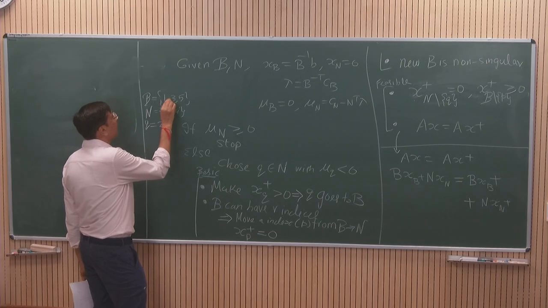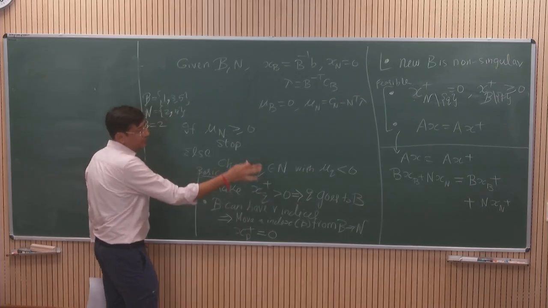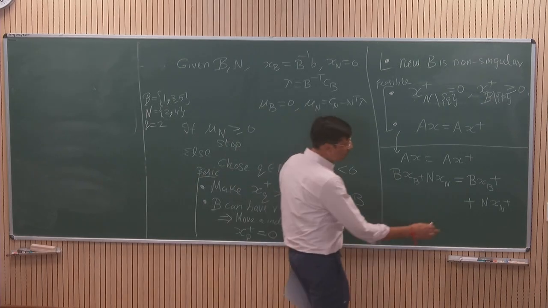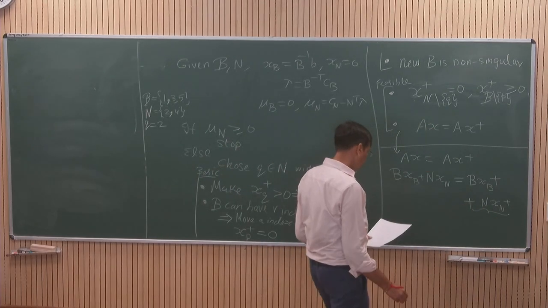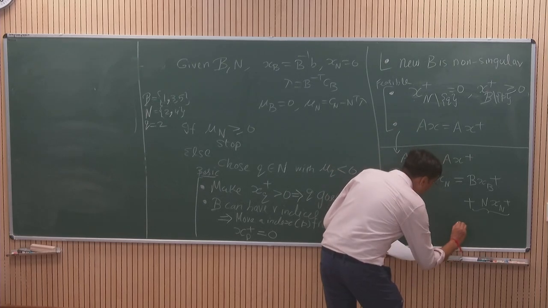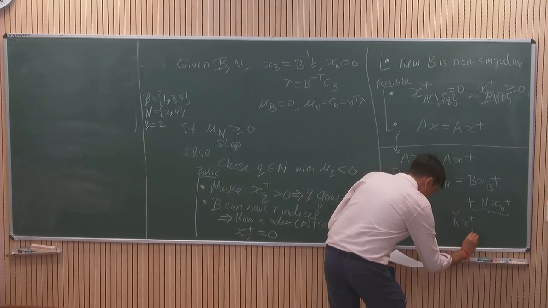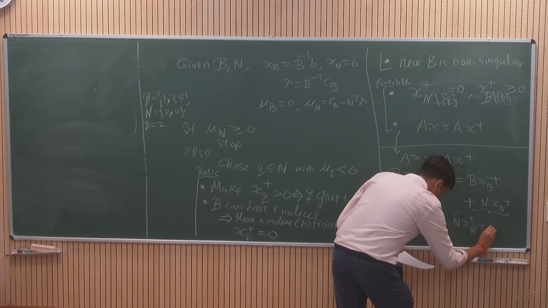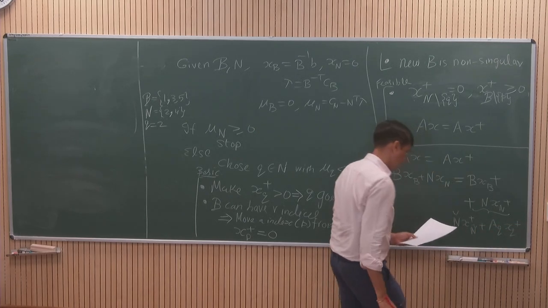I'm trying to find the next iterate such that I do something of this kind. So I'll split this into two sets. I'll call this N tilde x plus N tilde plus Aq xq plus.